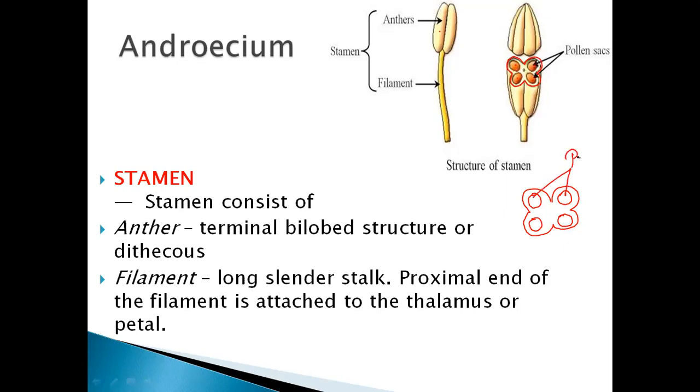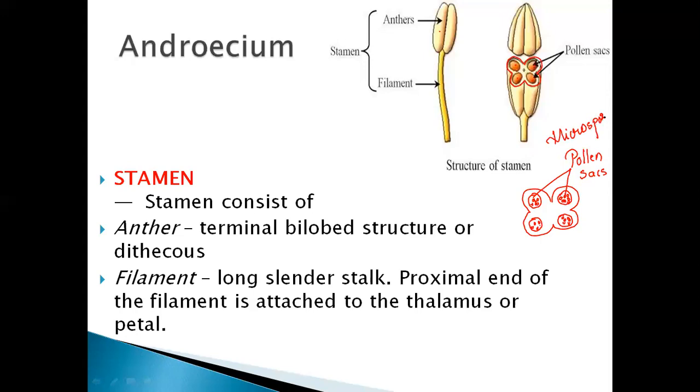Microsporangia are nothing but they are known as pollen sacs, where inside the pollen grains develop. Why tetragonal structure? Because there are four microsporangia or pollen sacs.